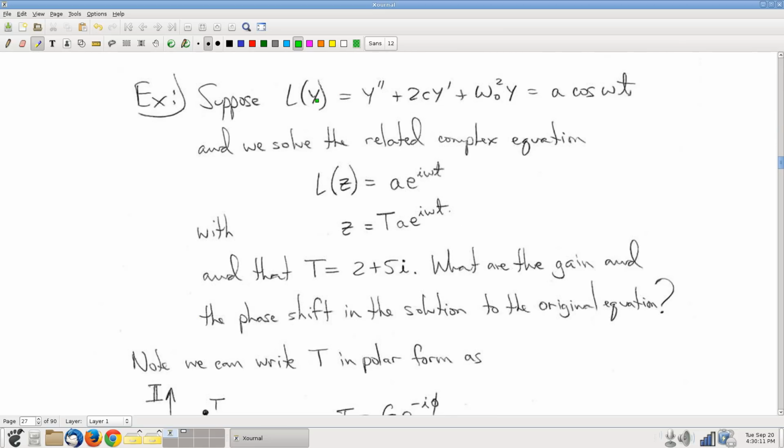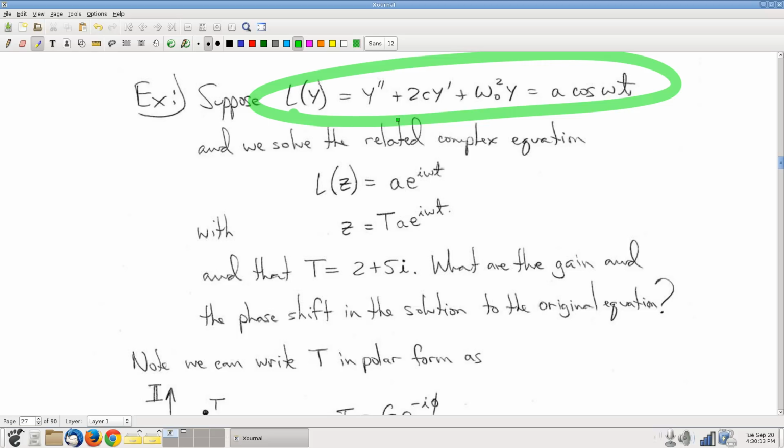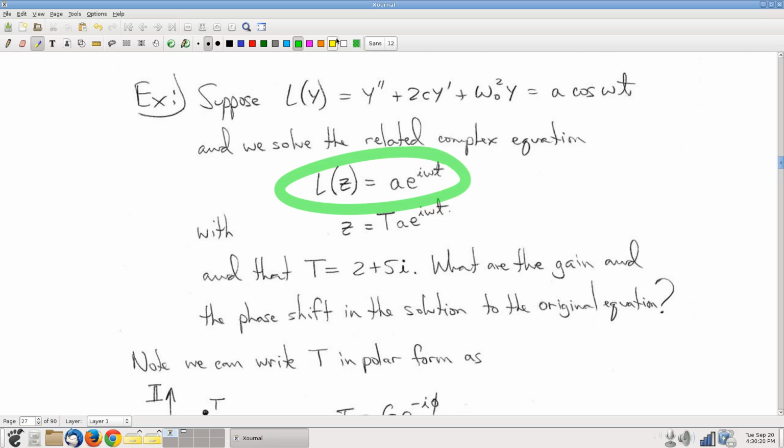Suppose you're looking at a differential equation that looks like this, and then there's the related complex equation there. Notice that the real portion of that is that. Right, so that makes this our related complex equation. And we're going to guess this as our particular solution.